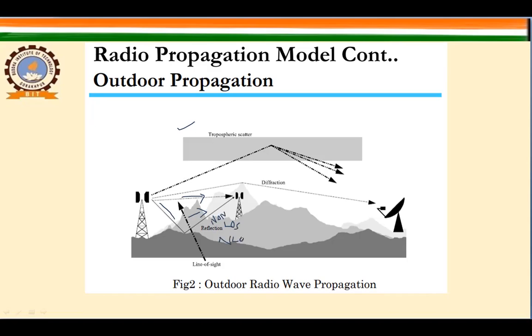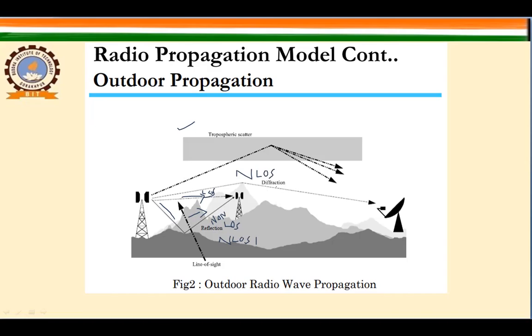So this is the non-line-of-sight reflected waves. This is the line of sight wave, that is nothing but LOS. This is one type of NLOS.